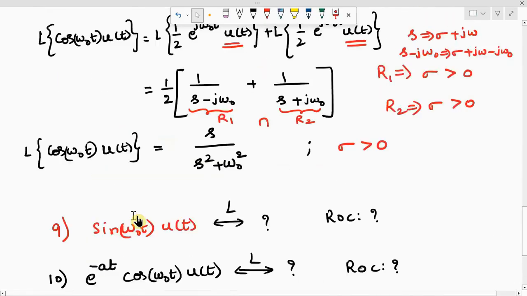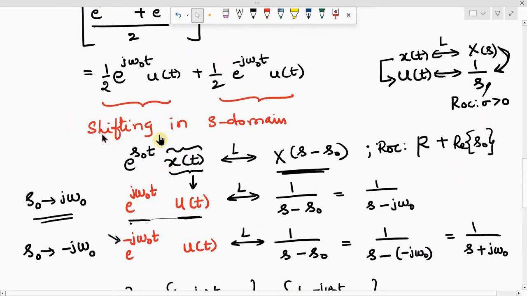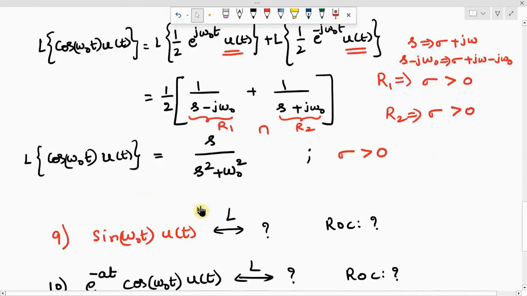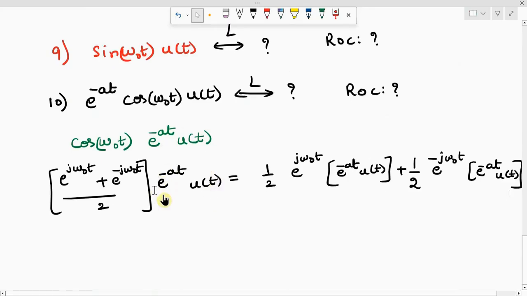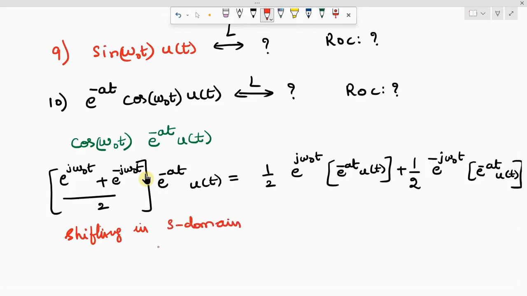In the earlier problem, in place of x of t you had u of t. Now in this problem, in place of x of t you have e power of minus at u of t. So the shifting in S domain property is being used, again here.